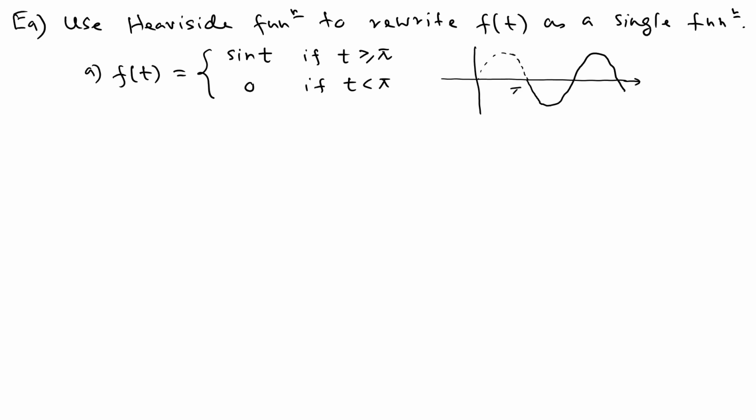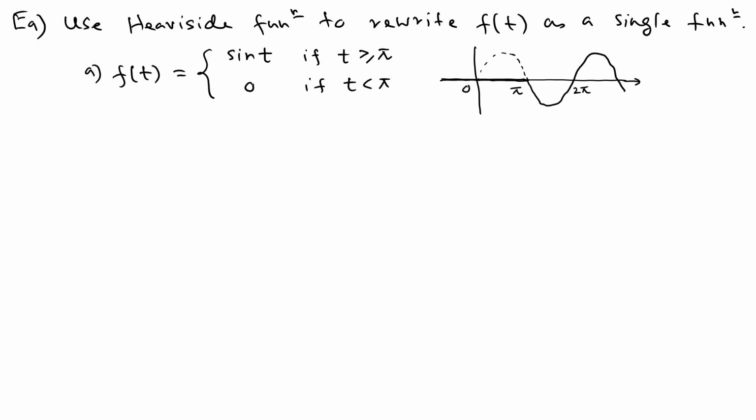Until that value it is 0, and at pi, because it's 0 there, it continues nicely, giving a continuous graph. Then this is 2 pi, and it continues. So this is a switch, and the switch is on right after pi.